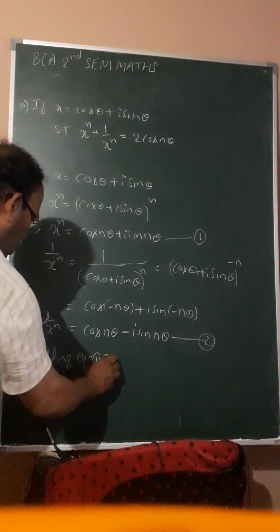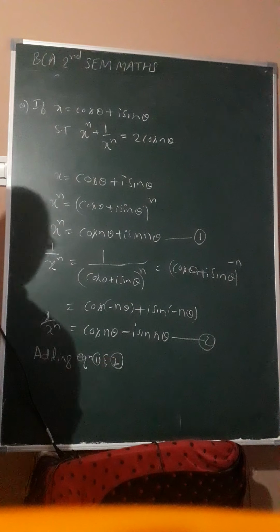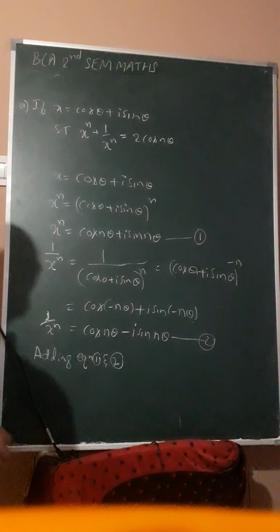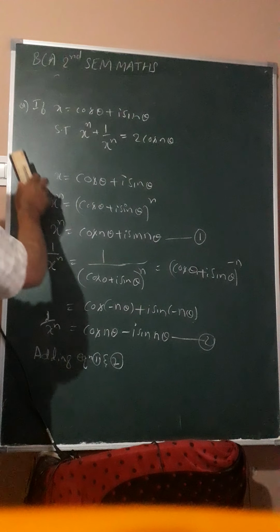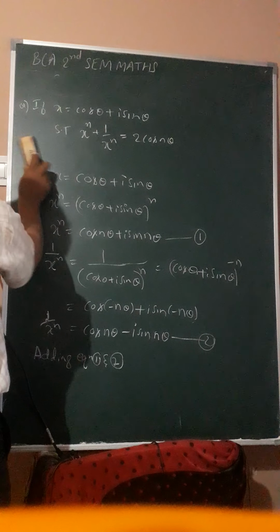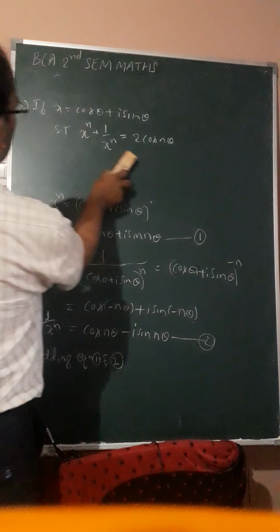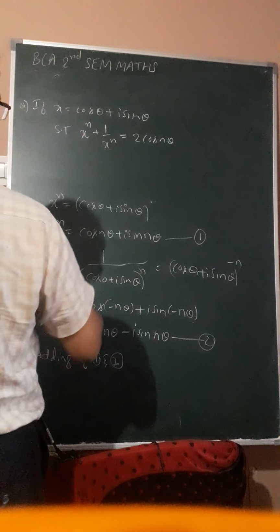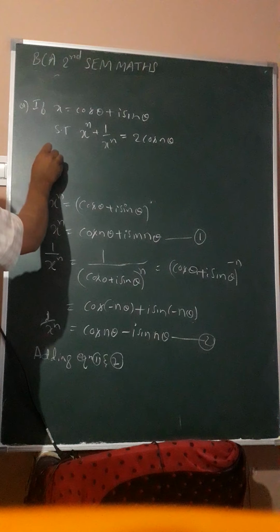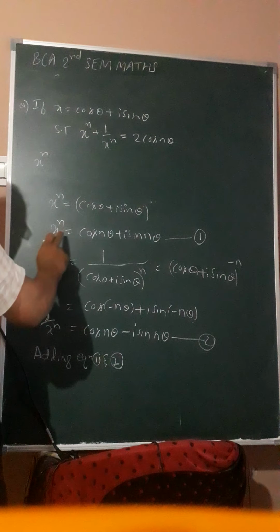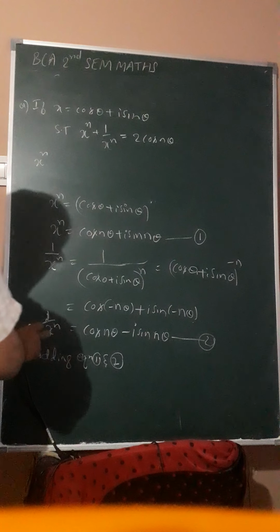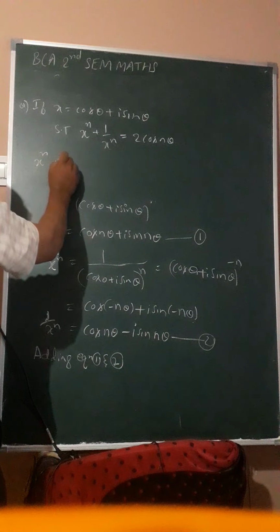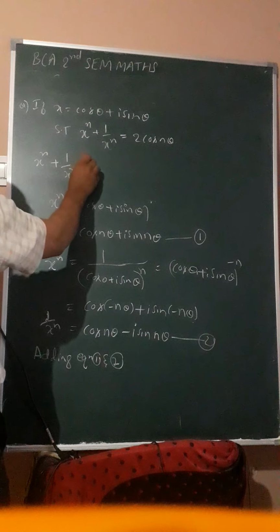If you add equation 1 and 2, the left side of equation 1 is x to the power of n, and the left side of equation 2 is 1 by x to the power of n.